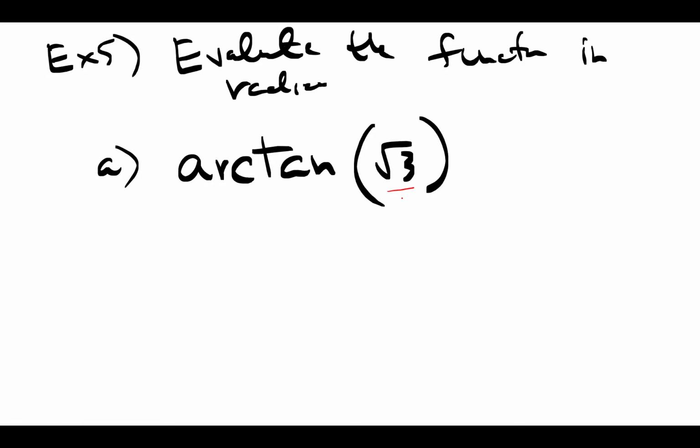I'm going to make it into a fraction first. And then this is y over x. Tangent by definition is y over x. But we don't have our variable of 2. So you're looking for a y value of √3 over 2 and an x value of 1/2. When does that happen? Pi over 3. Pi over 3. Good.